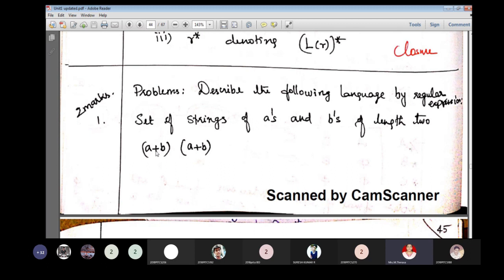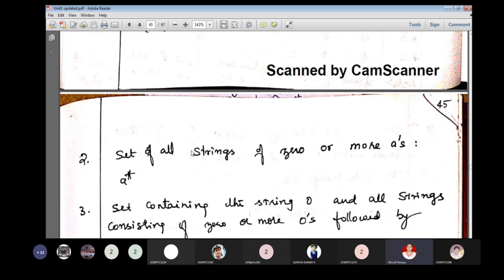There are two symbols, so the length is given as 2. The first one may be a or b, the second one may be a or b. So (a plus b) dot (a plus b) is the corresponding regular expression for the set of strings of a's and b's of length 2. Next, set of all strings of 0 or more a's.